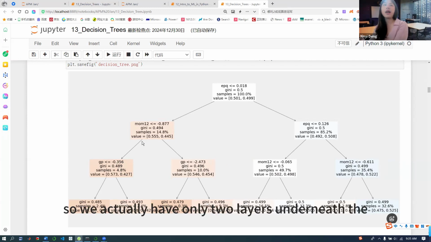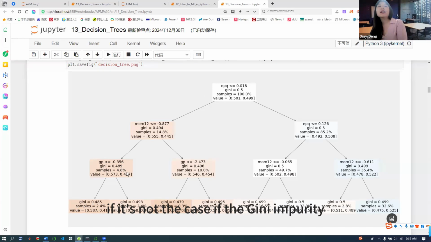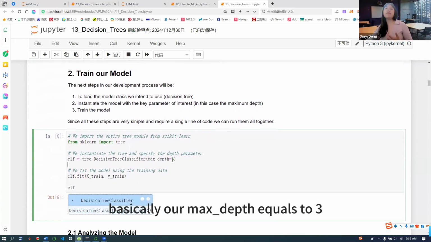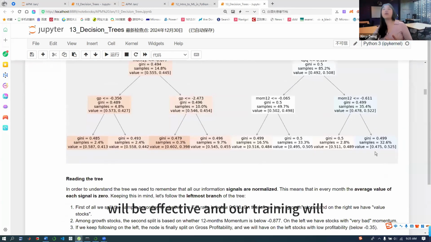So we actually have only 2 layers underneath the root node. But if it's not the case, and usually it's not the case, if the Gini impurity keeps reducing after the second layer, then our max steps equals to 3 will be effective, and our training will be stopped at this third layer here.